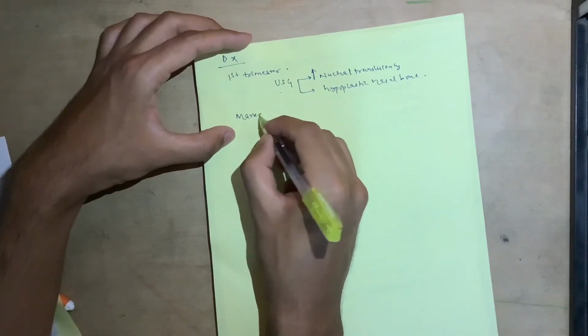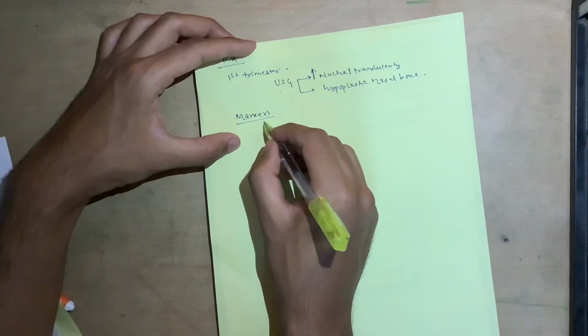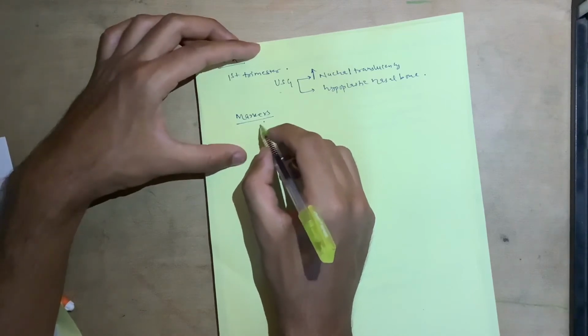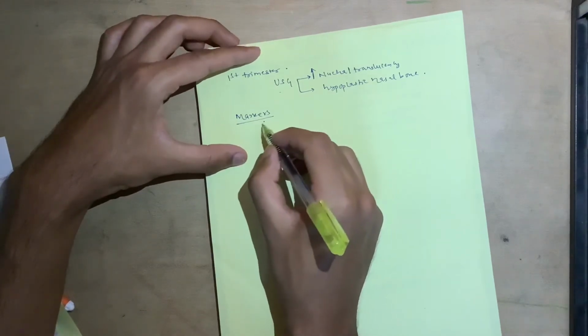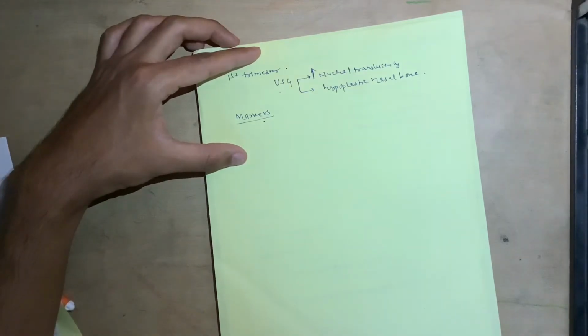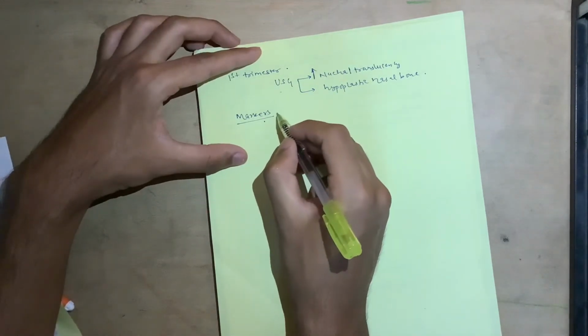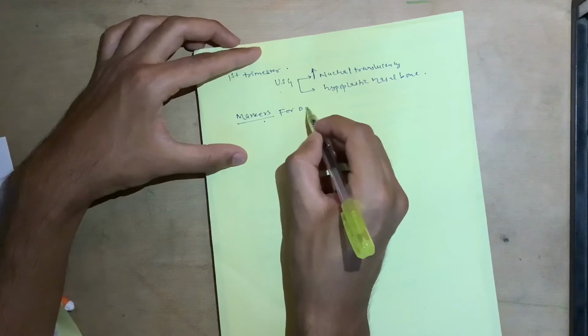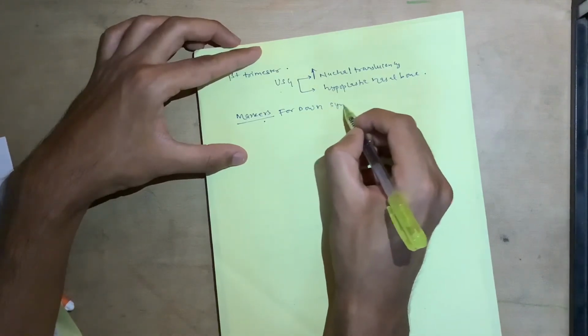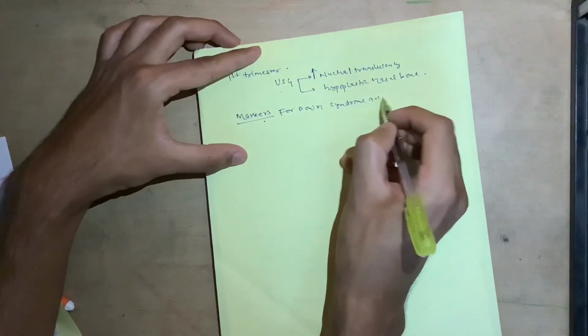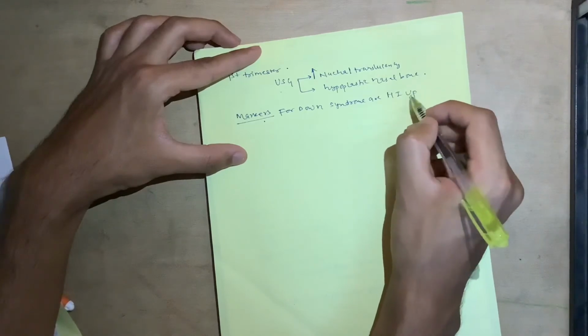And there are certain markers for Down syndrome. To remember this, we normally say markers for Down syndrome are high up.